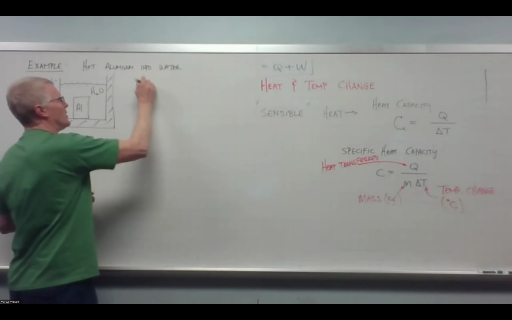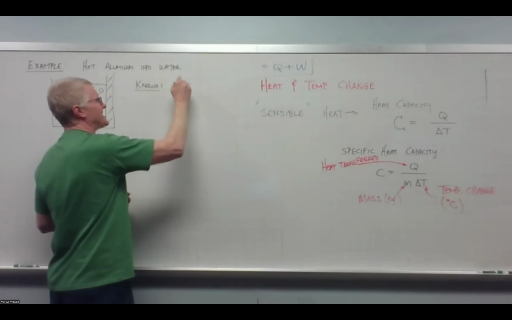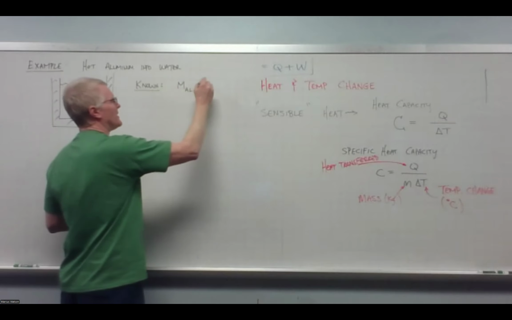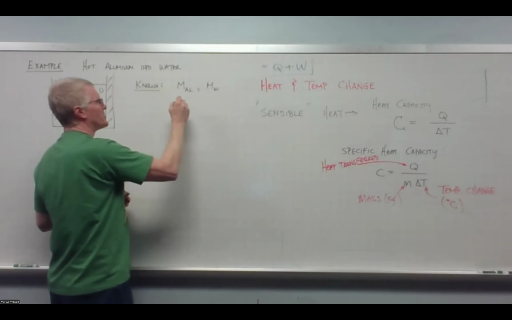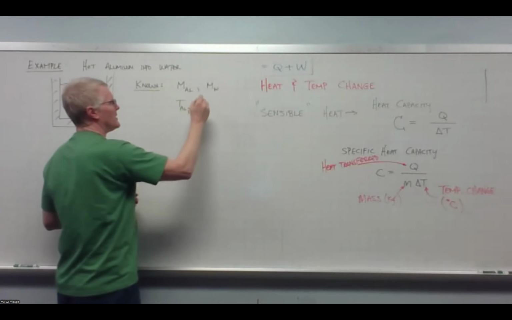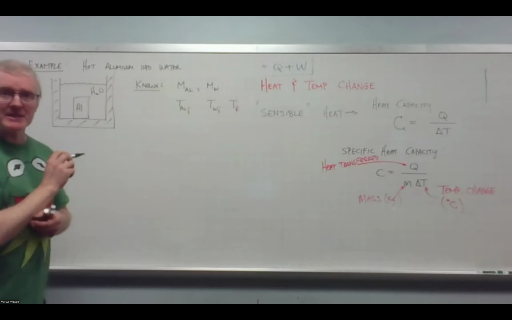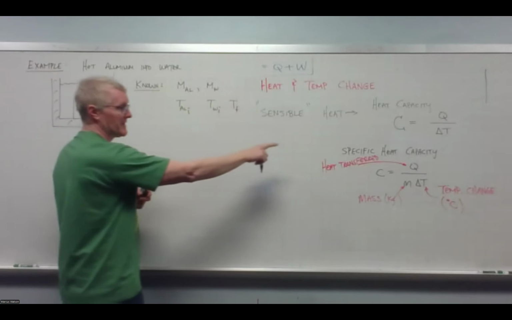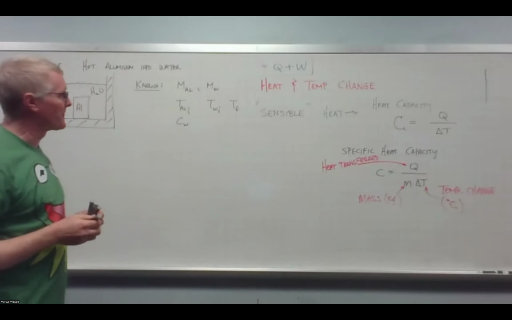So what we know are things like the masses of the aluminum and the mass of the water. We know the initial temperature of the aluminum and the initial temperature of the water. We know the final temperature, and we know the specific heat capacity of water, which I call CW.